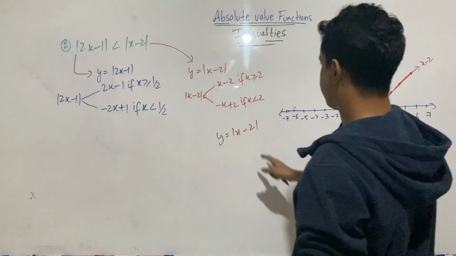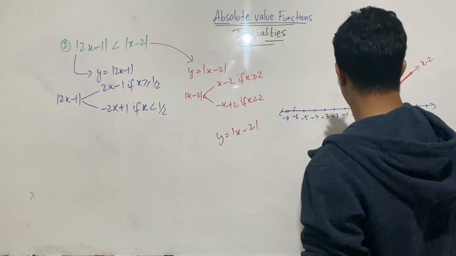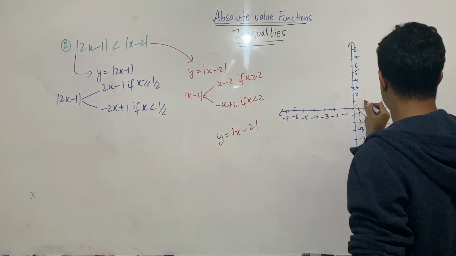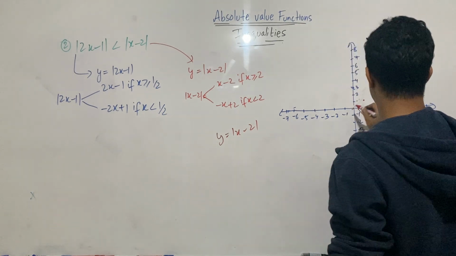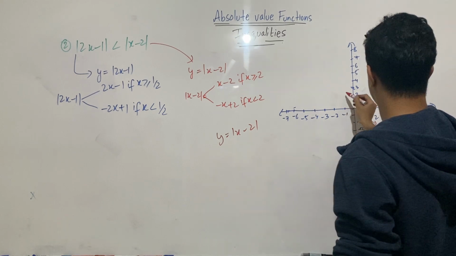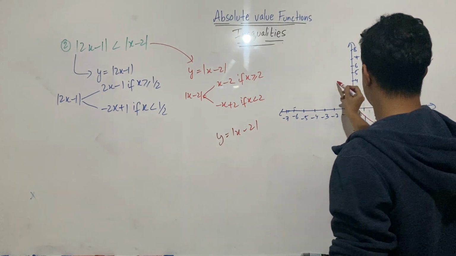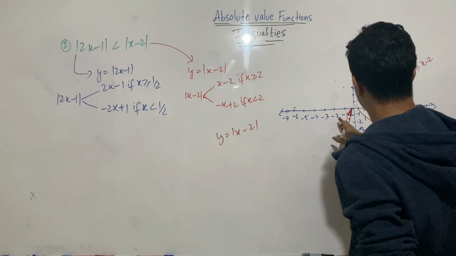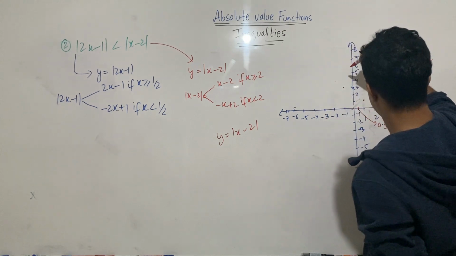So for this, 2 minus x: for 1, it's going to be 1. For 0, 2. For minus 1, 3. Then for minus 2, 4, and for minus 3 it's going to be 5.